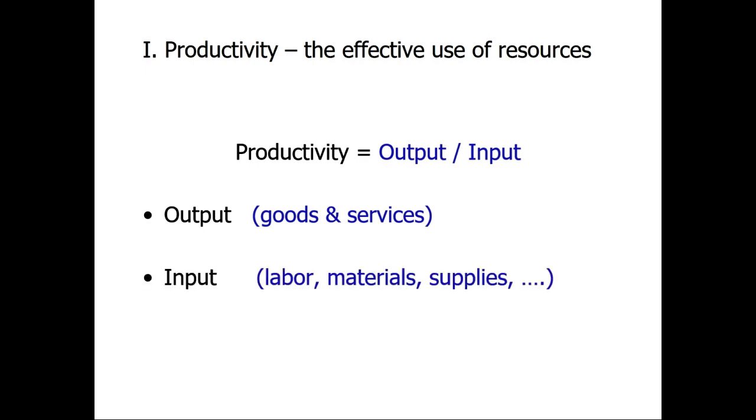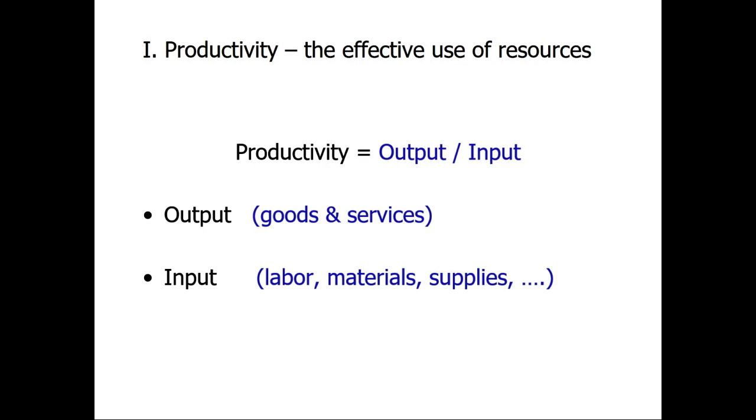The other side of productivity is obviously the input side, and so then we need to determine, well, what inputs do we really want to look at? Because there are really almost an infinite number of inputs. You could think of brain cells accessed, but that's not something we're going to necessarily control. So we often measure an input, and we start with the most important input, or the most expensive input, or the input that we have the most control over.